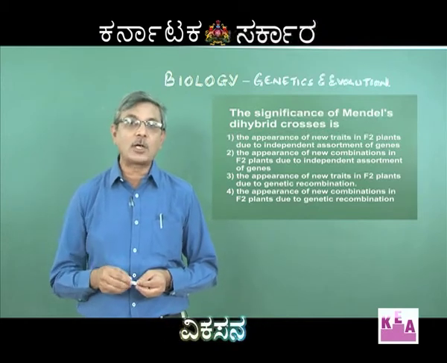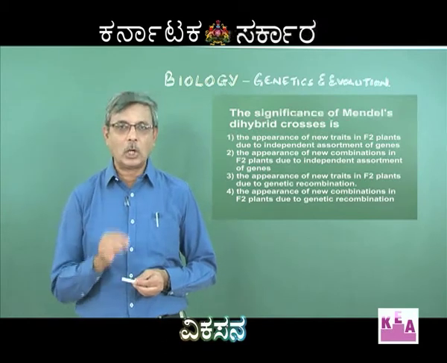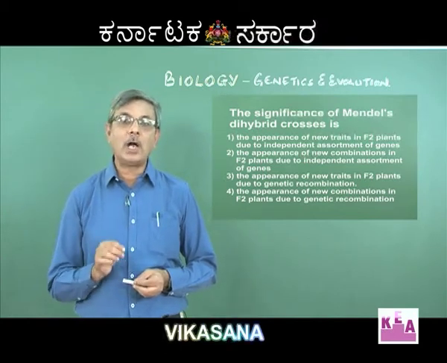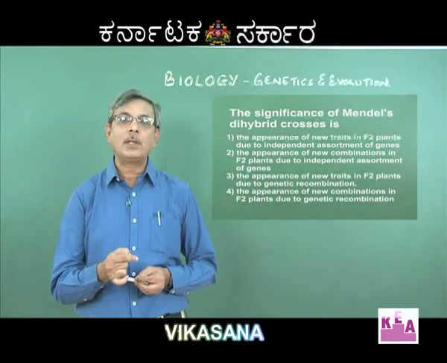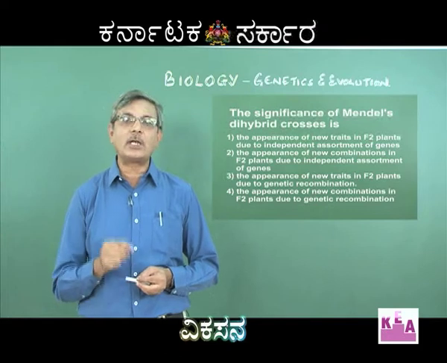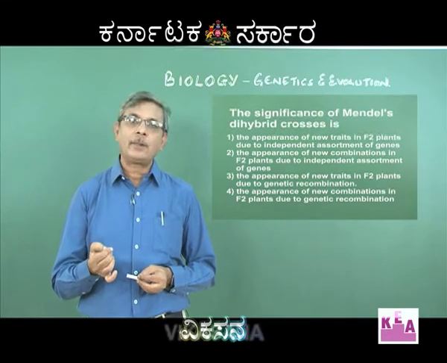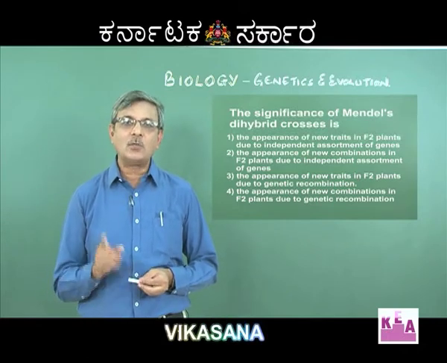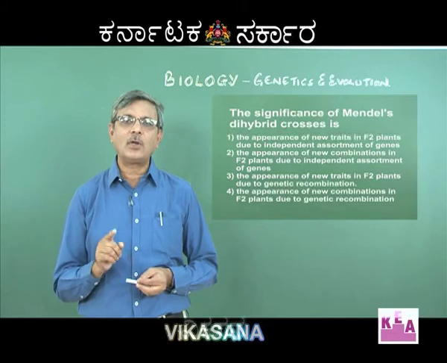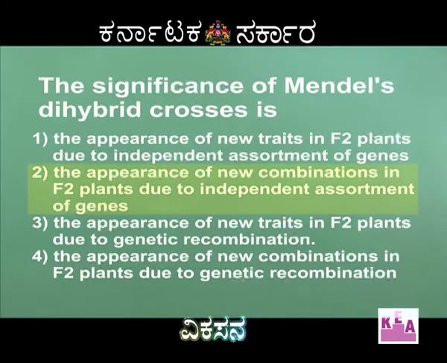In the F2 generation, in addition to the parental combinations, yellow round and green wrinkled, we also got yellow dissociating from round seed shape and associating with wrinkled, green dissociating from wrinkled and associating with round. That means we have not got new traits, we got new combinations. Thereby, option 2 is the answer.